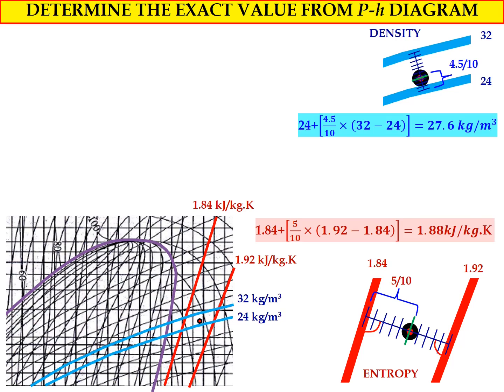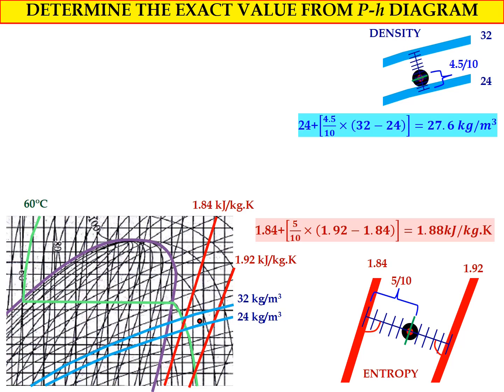Calculate using a simple calculation similar to interpolation. So 24 plus 4.5 divided by 10 multiplied by 32 minus 24, so we'll get 27.6 kilogram per meter cubic, the exact value in terms of density for the intersection point.